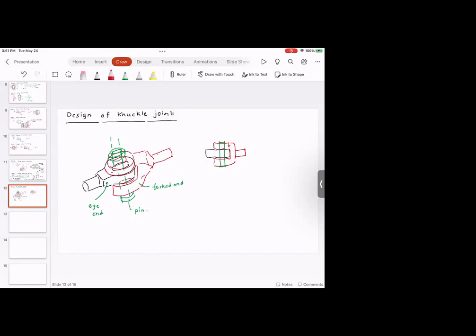And the advantage of the knuckle joint is it allows for articulation. So basically, the eye end and the fork end could have relative motion. And knuckle joint is used ubiquitously everywhere. For example, if you look at the power lines on the power road, usually you would see that there are steel ropes attached to some type of a fastener on the ground.